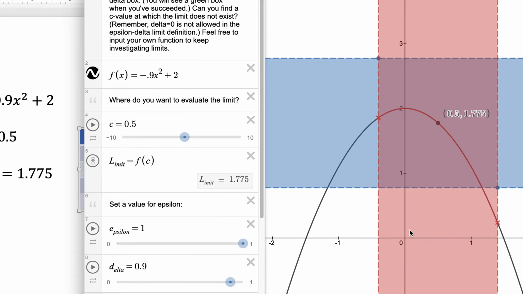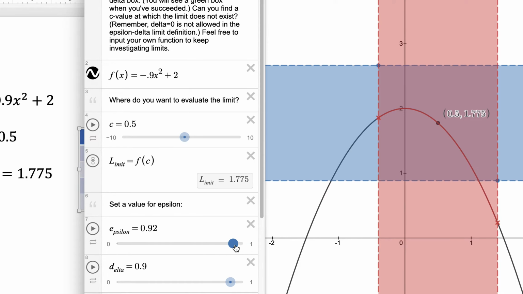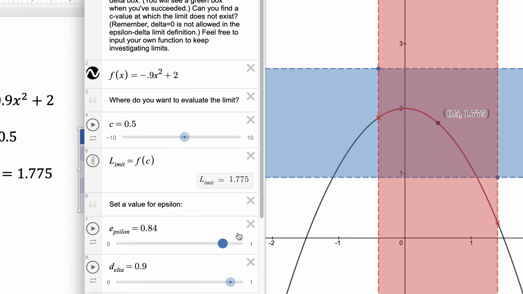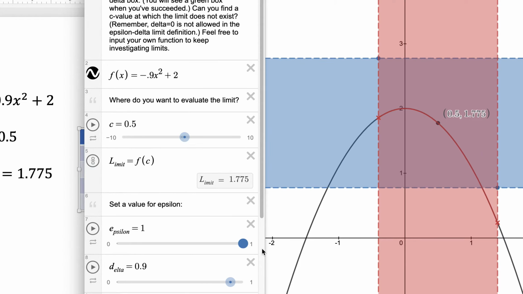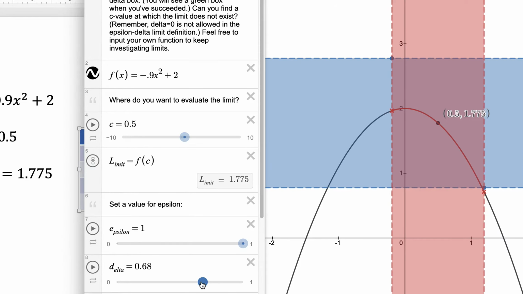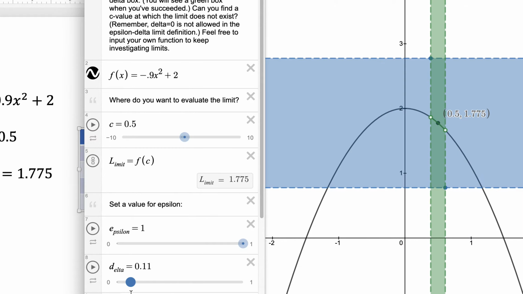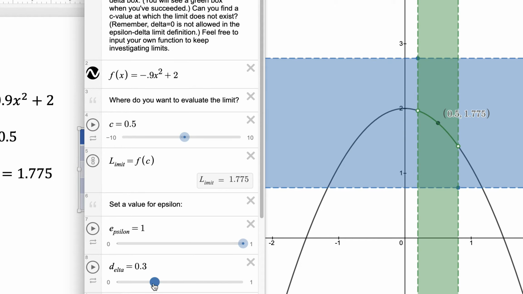When I slide my epsilons around, that changes this band that's centered on what I think is the limit, 1.775. So that's in the middle. And my delta is closing in around 0.5 right there, where the x is getting close to that.